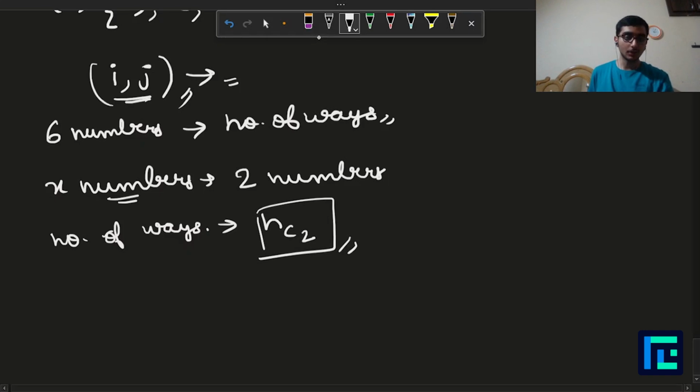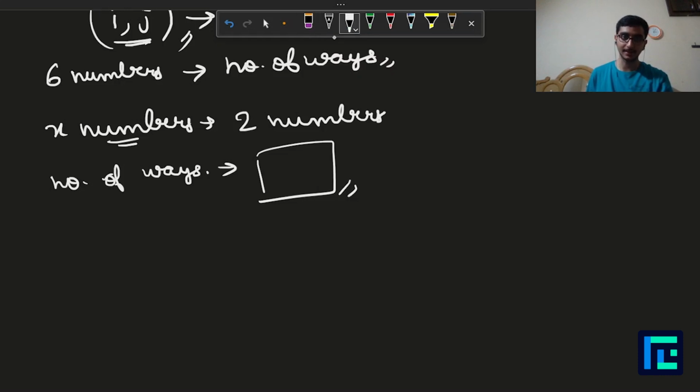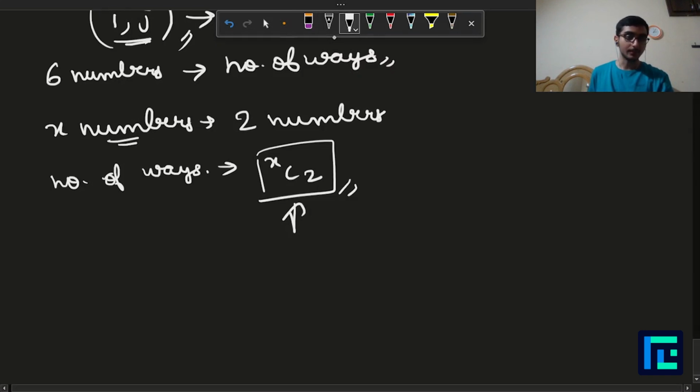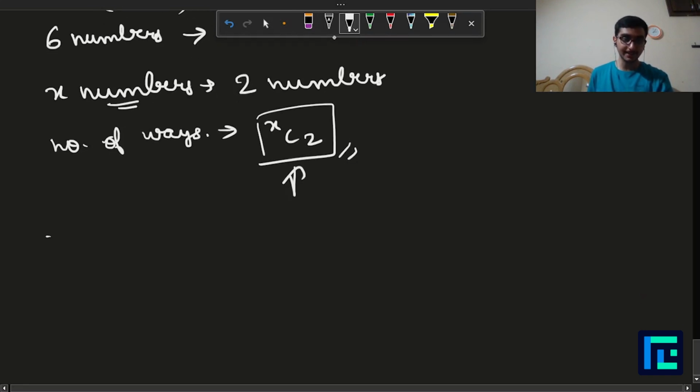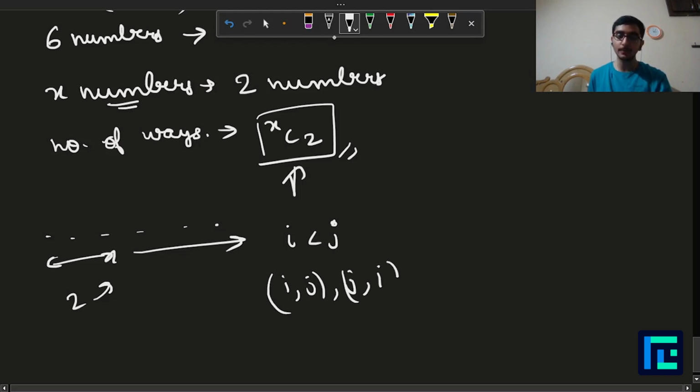Try to think of it. Sorry, it is not NC2, it should be XC2 because there are x numbers. Why? Because out of x options, I have to take 2, and the order does not matter, because always i should be less than j. So i comma j and j comma i will not be two different pairs, because j comma i won't satisfy if i comma j is satisfying.